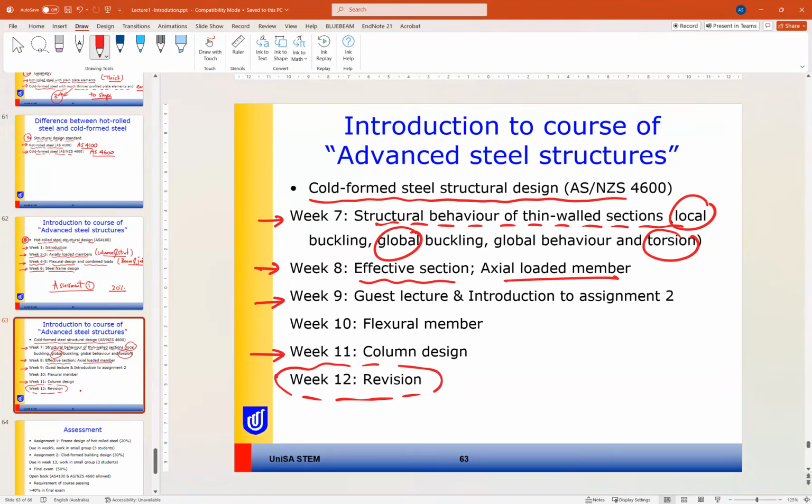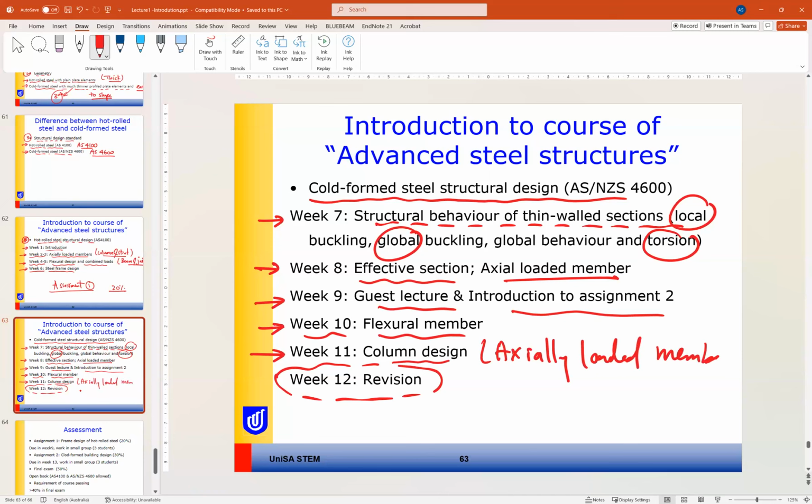In week 9 we will have guest lecture and introduction to assignment 2. Week 10 we will have flexural member design. Week 11 we will have column design or axially loaded member. Okay, so these are the weekly content of the course.